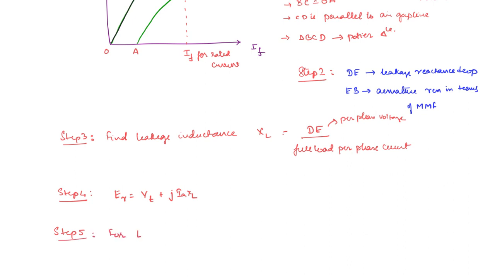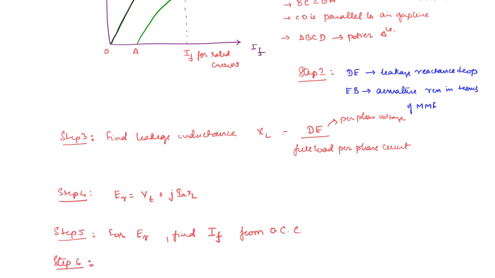For ER, find the field current from OCC. That means in order to get the open circuit voltage of ER, what is the required field current? That's what we are finding out. Once we find this field current, what will we do?